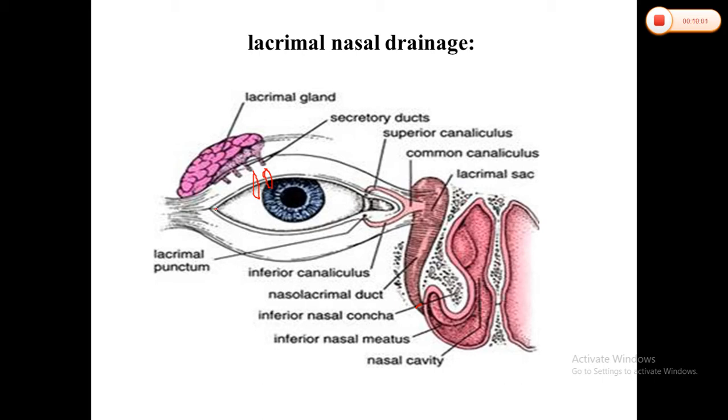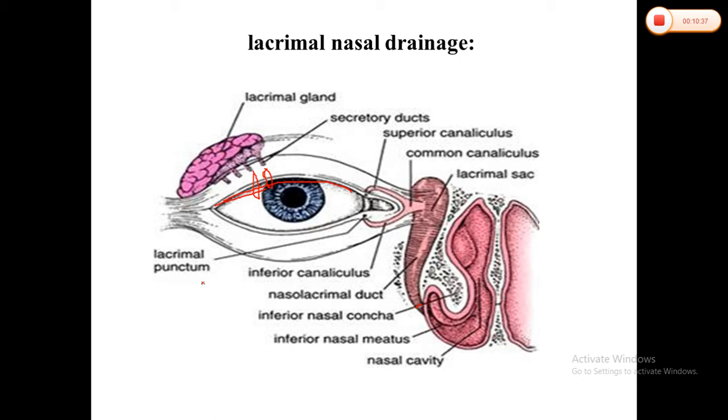Once the tears are secreted, they are distributed evenly over the ocular surface by the eyelids. These are our eyelids. Then they are passed into the nose through the lacrimal nasal drainage system, which begins with the upper and lower punctum, the lacrimal puncta.